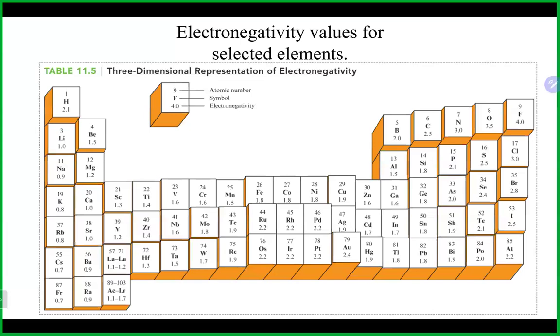If we do the bond between carbon and oxygen, the bond between carbon and hydrogen, carbon and sulfur, nitrogen and phosphorus, and why don't we do potassium and fluorine? All right, so for each of those, use the electronegativity values to decide, is it going to be polar, nonpolar, or ionic?